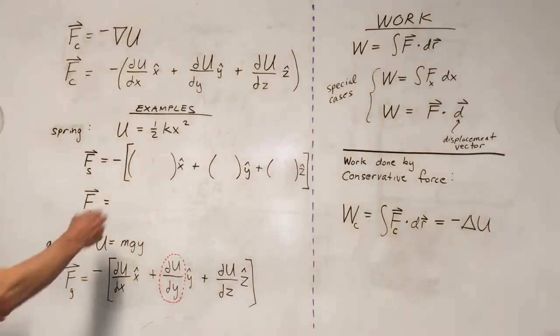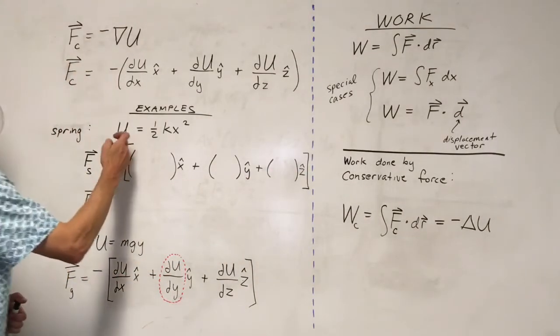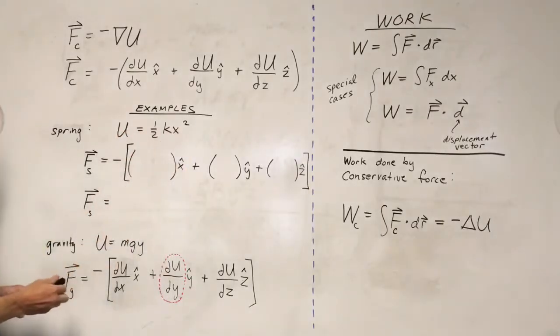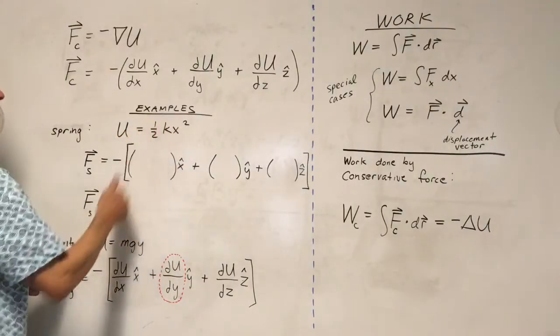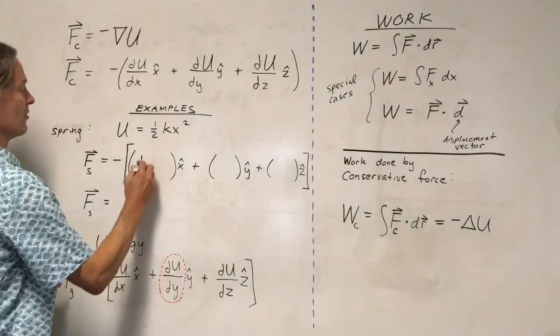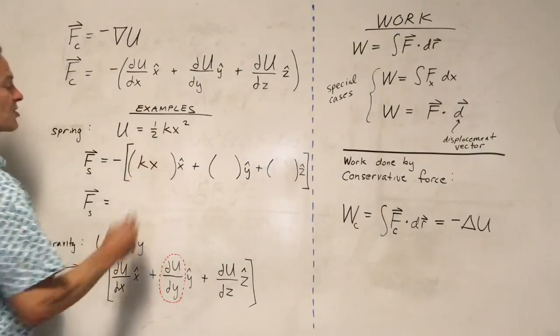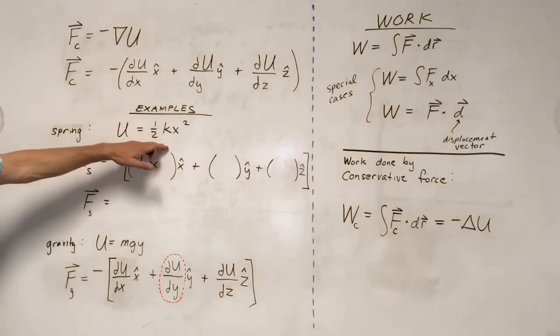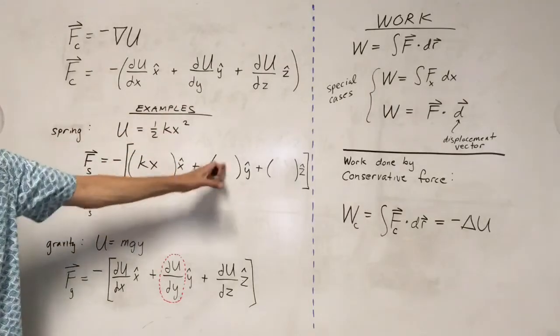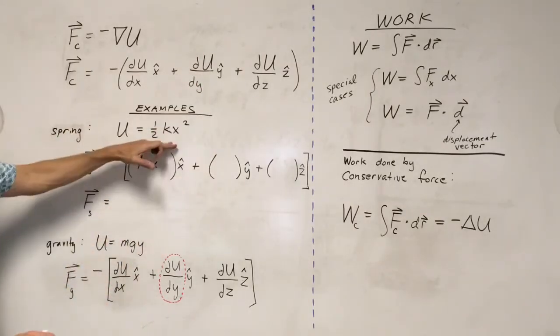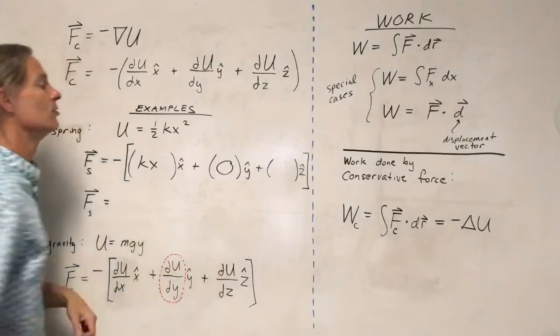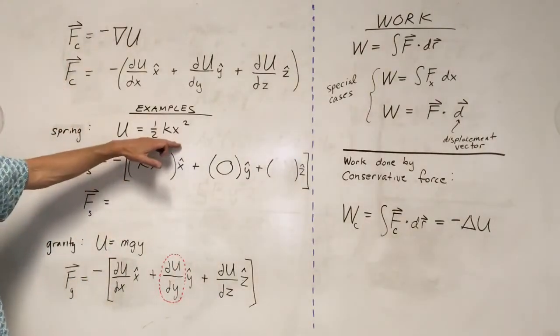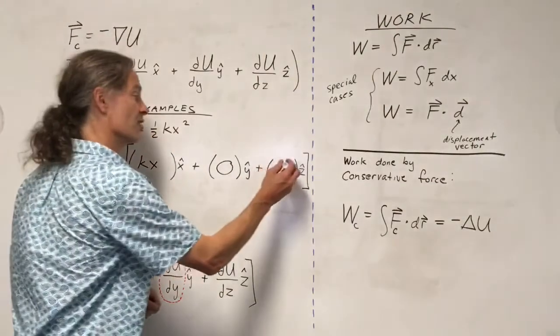All right, so here we go. Partial derivative of this thing with respect to x, well, 2 will come down and we'll just have kx. Great. Partial derivative with respect to y, well, there's no y's in there at all, so that's 0. Partial derivative with respect to z, another big fat 0.